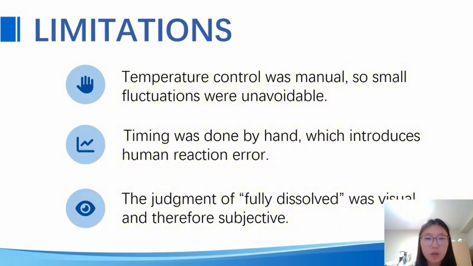The judgment of when the sugar cube was fully dissolved was based on visual observation, which is somewhat subjective. Finally, the experiment only tested two temperature ranges, so it does not show the full relationship between temperature and the dissolution time.